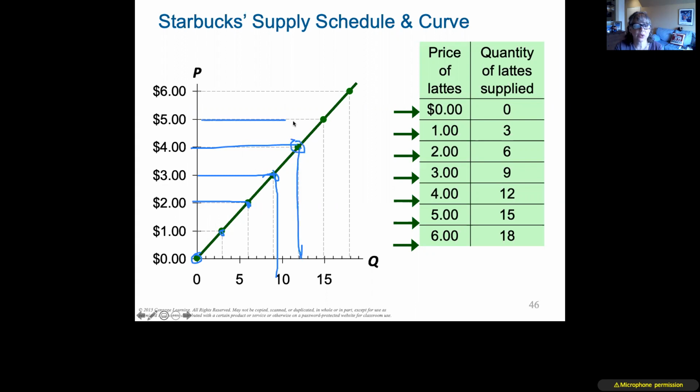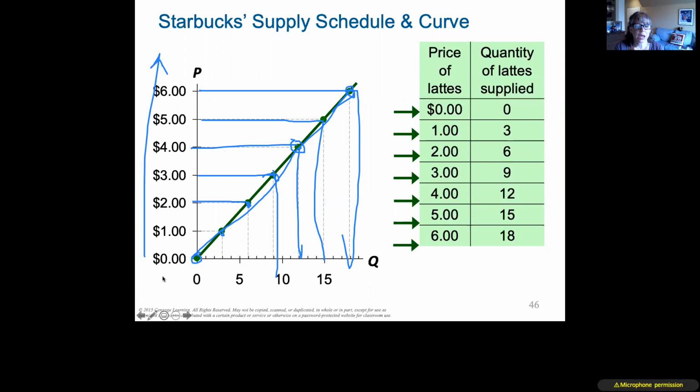At $5, they're willing to supply 15. And at $6, they're willing to supply 18. We can then take those points, draw the curve, and we now have the supply curve for Starbucks. Notice there's a direct relationship. As the price goes up, the quantity supplied goes up.